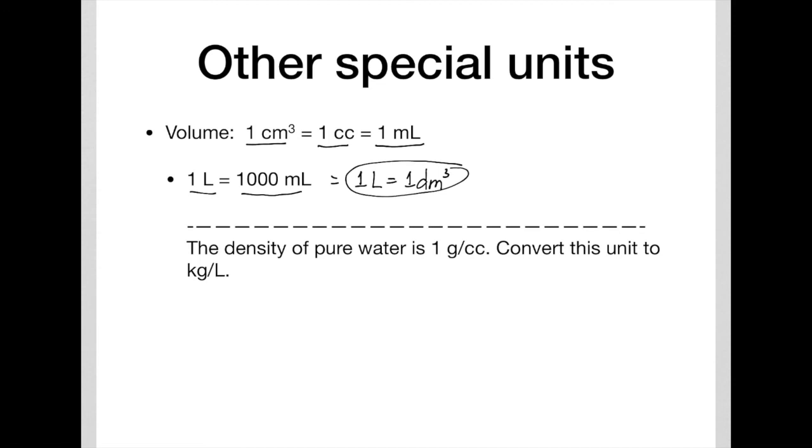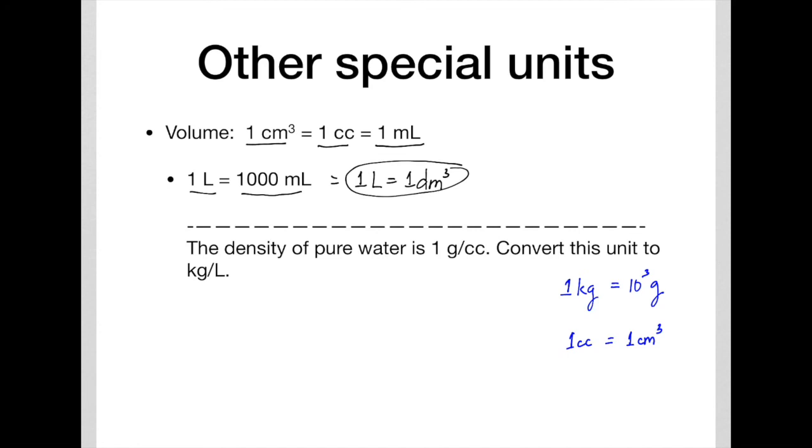So, the thing here is, these are factors. Remember that 1 kilogram, let me write my conversion factors. 1 kilogram is 10 raised to 3 grams. And 1 cc is just the same as 1 centimeter cube.